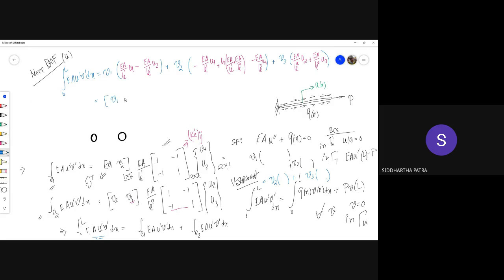This time V1, V2, and V3 are multiplying, or are in a dot product with the respective terms that are there in the brackets. And you see this V1, V2, V3.